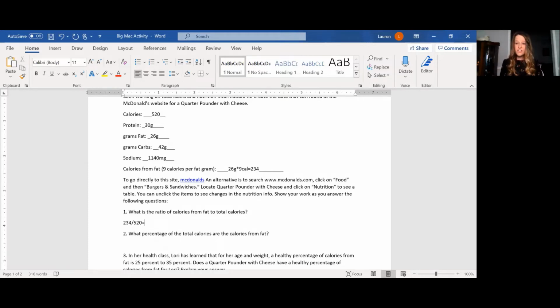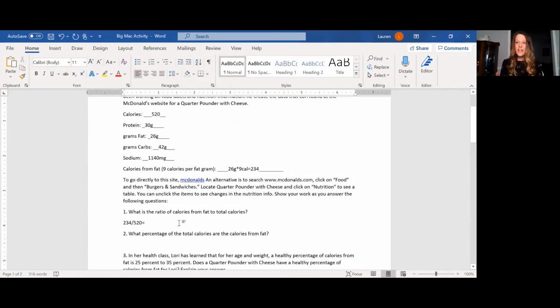Essentially, what's the relationship between the calories contributed by fat and the overall total calories? This gives us an idea of how fatty the Quarter Pounder with cheese is. We have all these different grams being contributed by protein, carbohydrates, and also fat. So what is contributing the most to the calorie count?